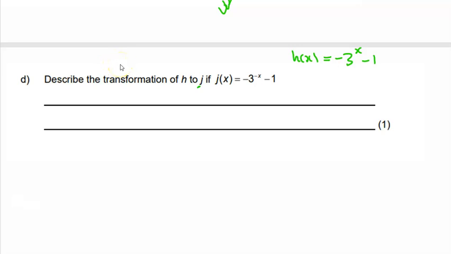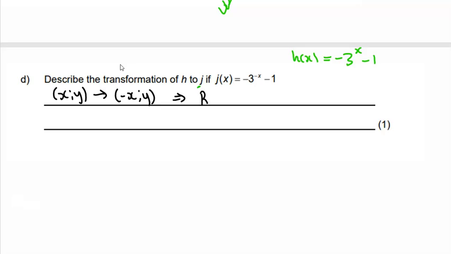What is the difference? In the new graph the x is negative, and in the old one the x is positive. So this tells us that we started with positive x like this, then this changed into negative x. So if the x changes from positive to negative, just know that the reflection is about the y-axis.